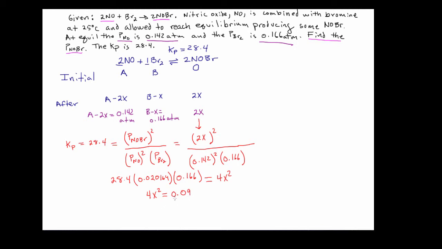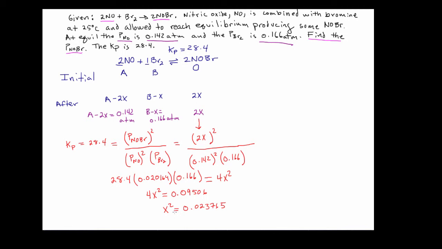In any case, the 4x squared is going to be equal to 0.09506. And then we're going to divide both sides by 4. So x squared is going to equal 0.02376.